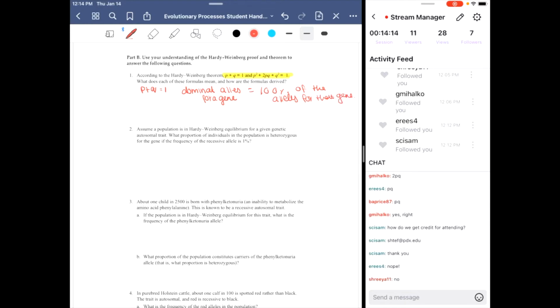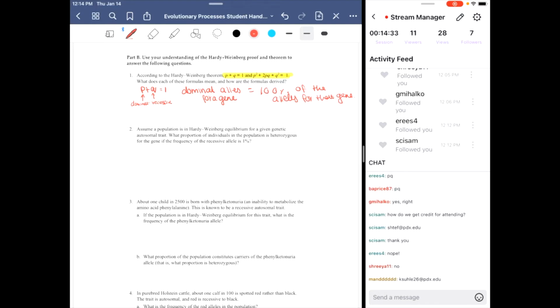So in other words, it's saying that if you add all the homozygous dominant and the homozygous recessive, it should give you 100% of alleles in that gene.